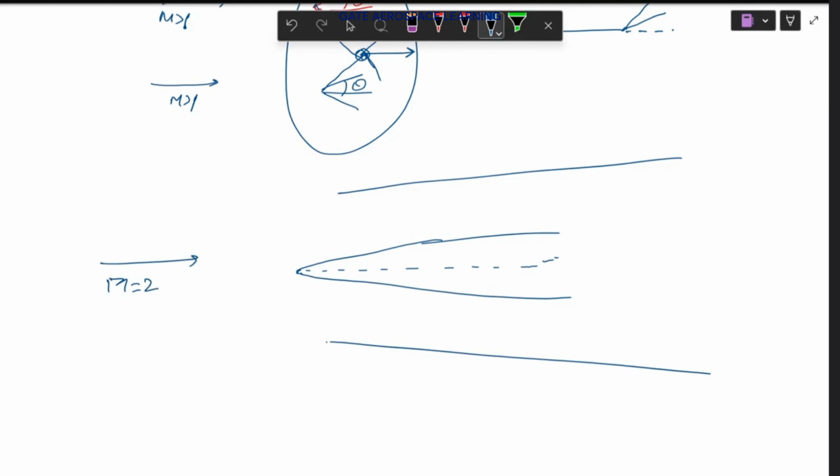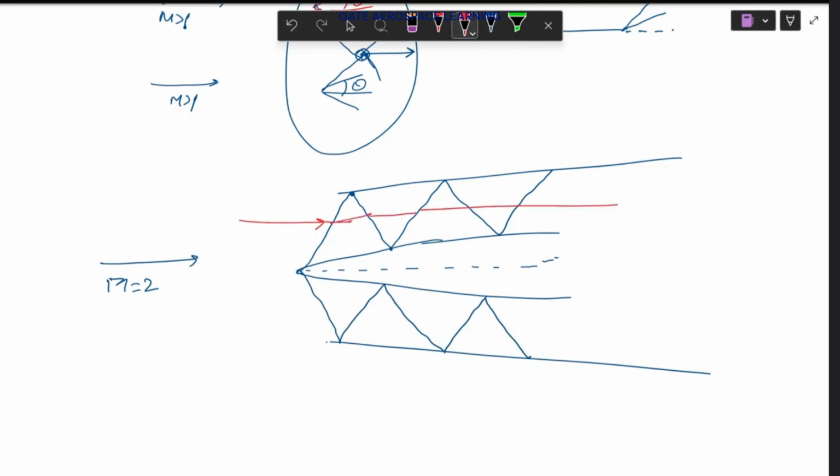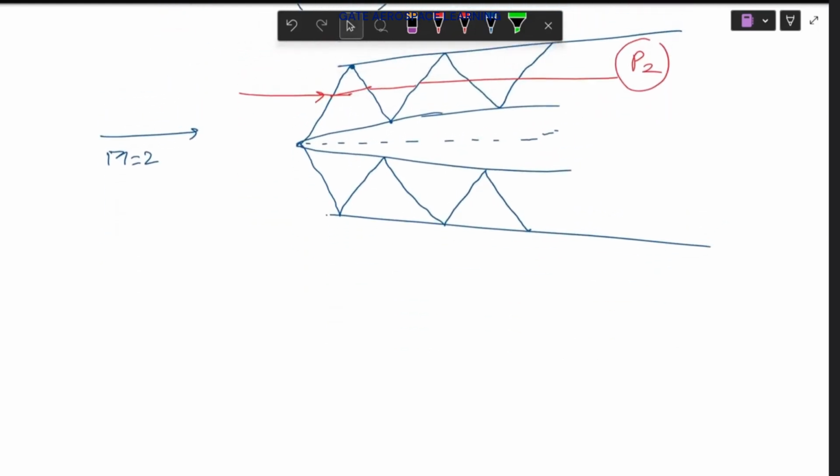Now, what will happen in this case? There will be formation of shock wave, oblique shock wave. Similarly, this pattern will go along. So this kind of flow feature you will observe, and in your actual aircraft, the flow will go like this, and at the end it will be compressed. Your pressure will increase to a very high value. That's what we want, because if we want very high pressure, we can do a good combustion. Right? I hope it is clear.